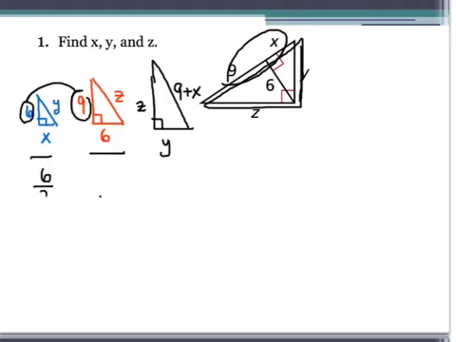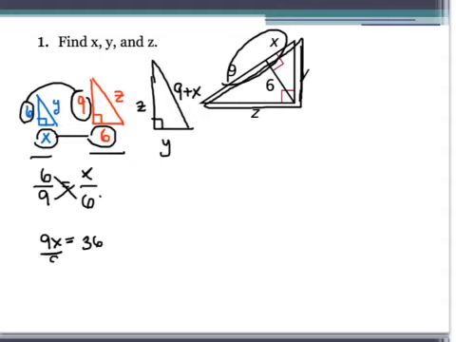That gives me 6 to 9 equals the short leg in the small triangle to the short leg in the medium triangle, which is x. So I have my first proportion. I can go ahead and cross multiply and solve. 9 times x is equal to 6 times 6. Divide both sides by 9, and I get x is 4.